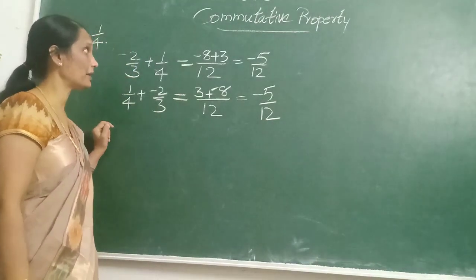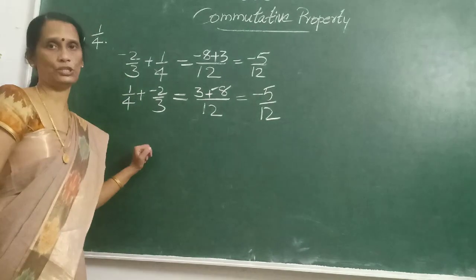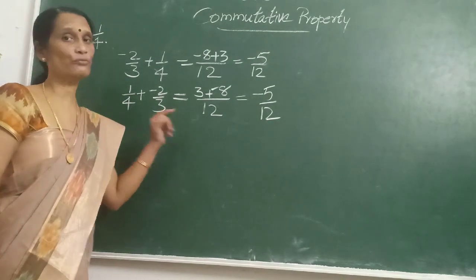Now we understood that addition is commutative for the set of rational numbers.